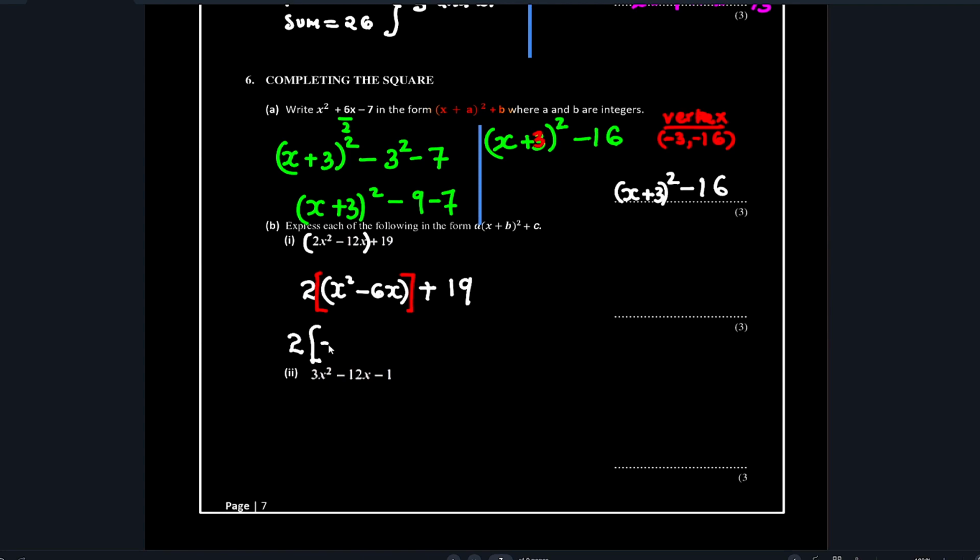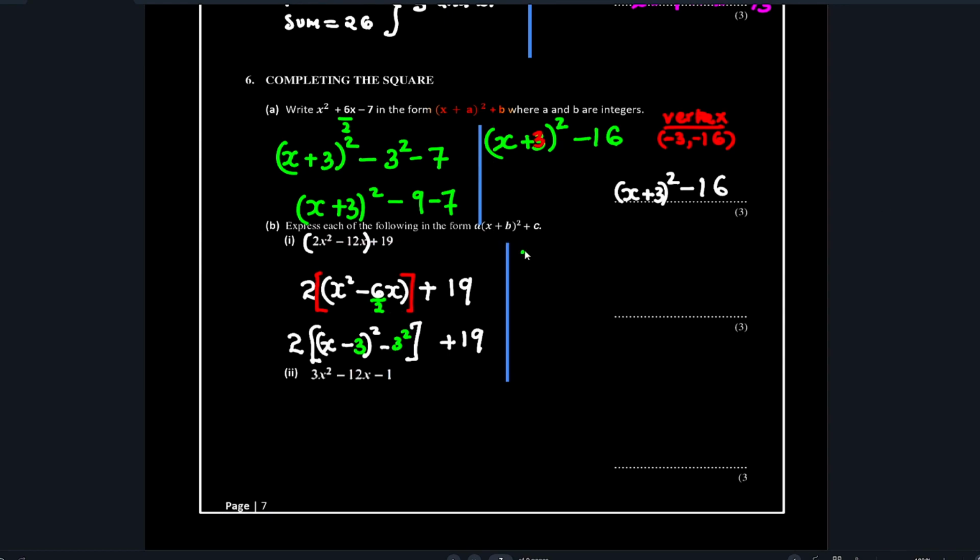We are going to say that is x minus, half of negative 6 is going to be 3. Close the bracket, squared, minus the square of the 3 which is inside the bracket. That's minus 3 squared. We enclose the bracket there, plus 19, because 19 was there.